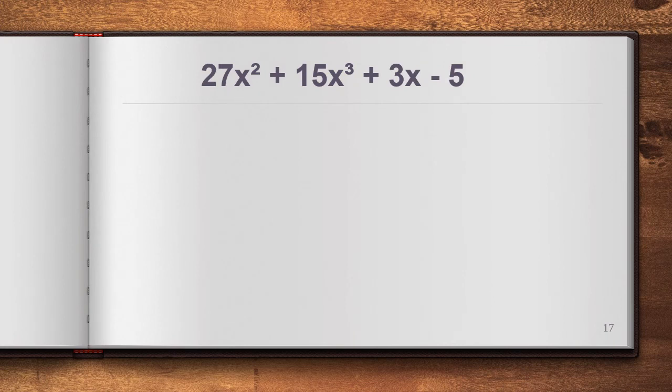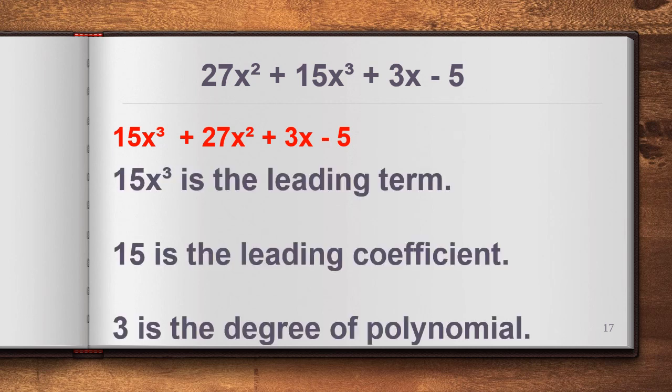Let's have another example. Example, we have 27x squared plus 15x cubed plus 3x minus 5. So arrange it again. So we have 15x cubed plus 27x squared plus 3x minus 5. Wherein 15x cubed is the leading term, the first term. 15 is the leading coefficient.